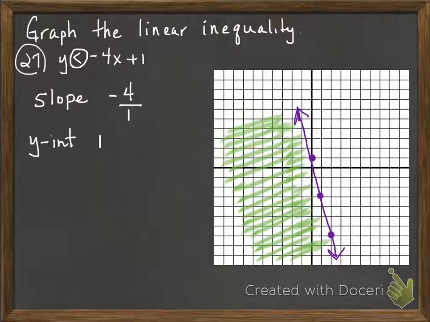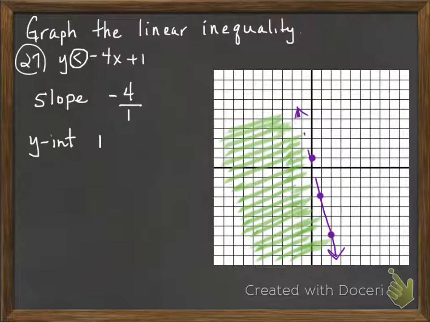We're also going to have to make a decision of whether our line is solid or dashed. So we look at the inequality sign again and see if there's an equal to there. Nope, it's just y is less than. It's not y is less than or equal to. If there's not an equal to, then my line is not solid.